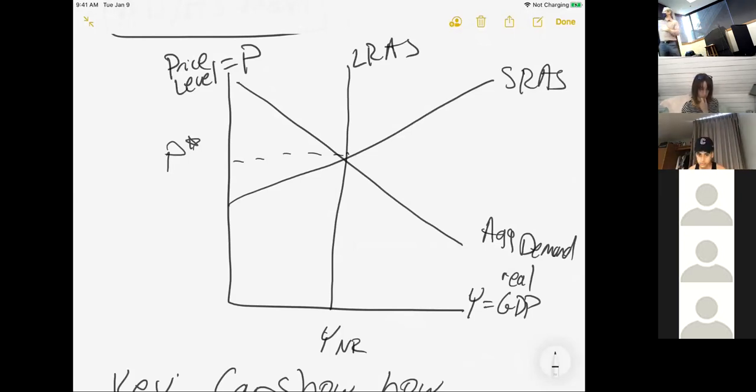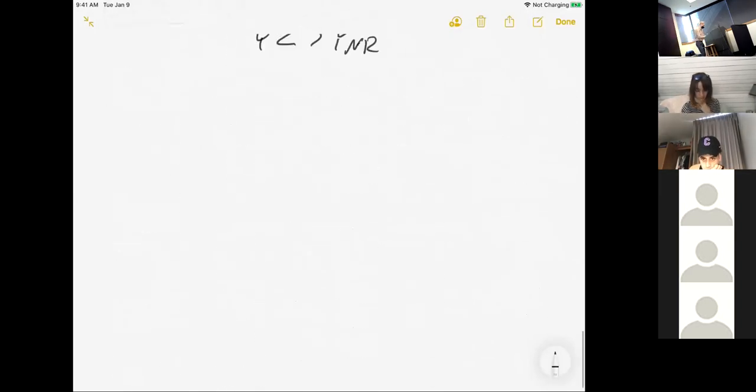The first thing we want to talk about here is aggregate demand. Why? Well, in part because aggregate demand is probably the most straightforward part of this.